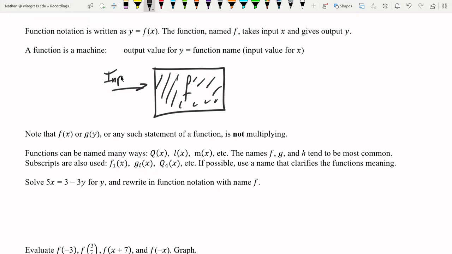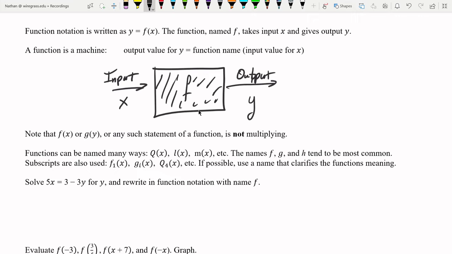This is our input, and something comes out of it as our output. Of course, our inputs are always going to be the x variables, and the outputs are going to be the y variables. And so the function, the actual machine of the function, is the equation. That's what we're typically going to be looking at.